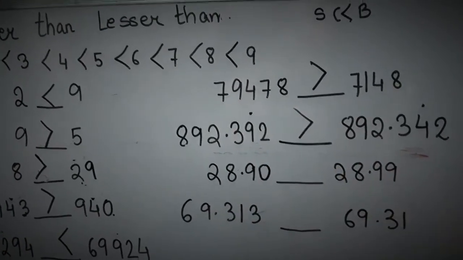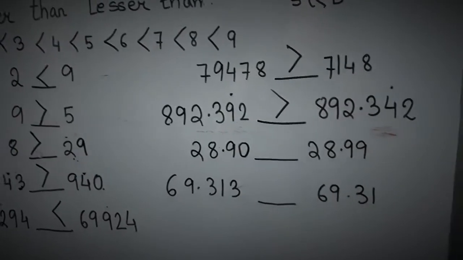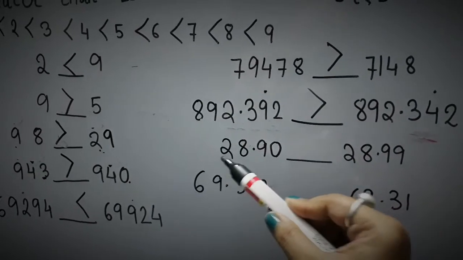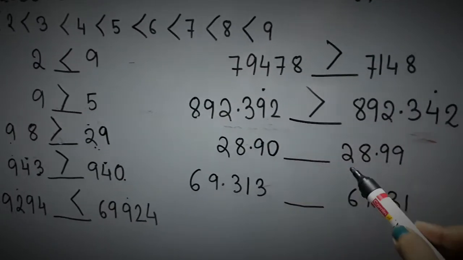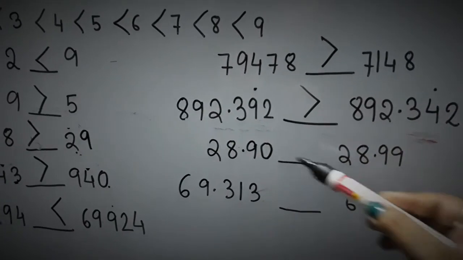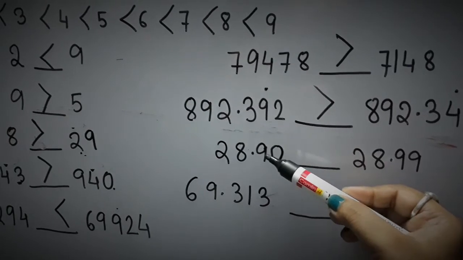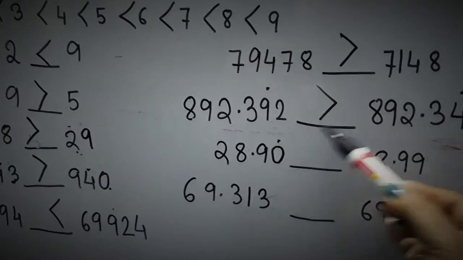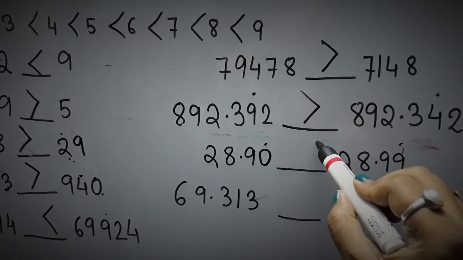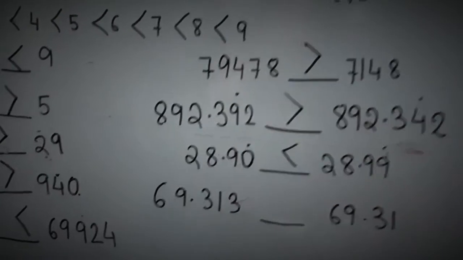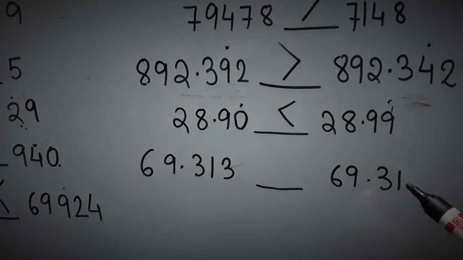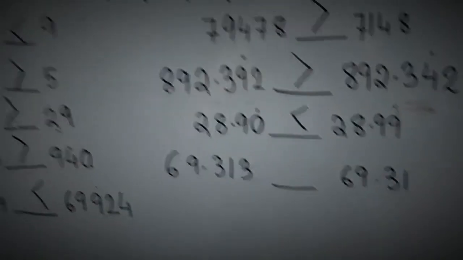There is a rule in decimals, which I will explain in another video. So if we make it like a fraction, after the point 2 digits, after the point 2 digits, now you check: after the point 9, after the point 9, both are same, then you go for the second one. Here it is 0, here it is 9. Which is greater? This is greater. Then this one: same, 5 digits, but here it is 4 digits. Now you can say this is greater.